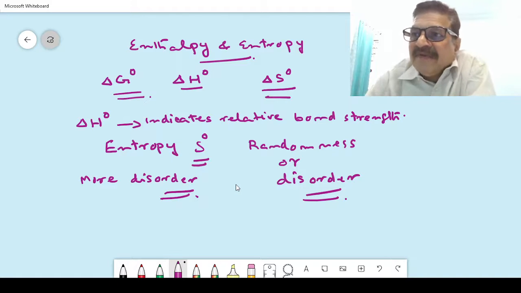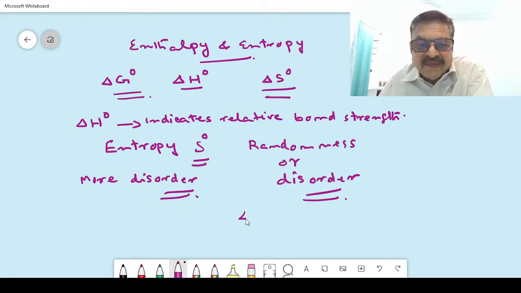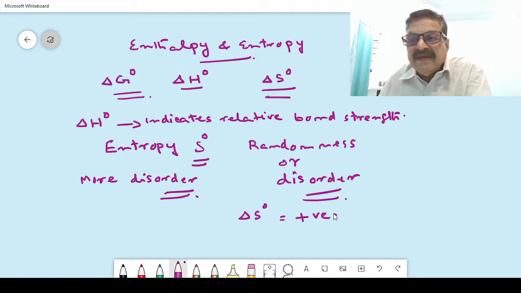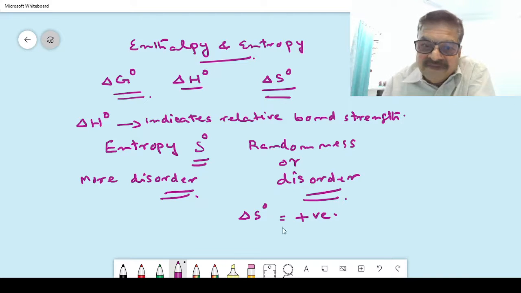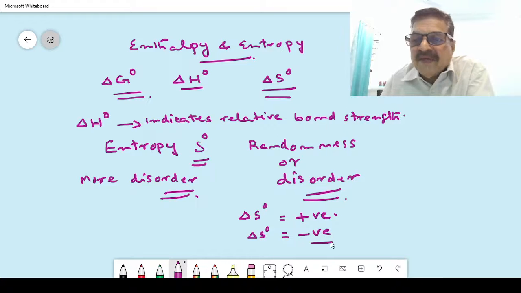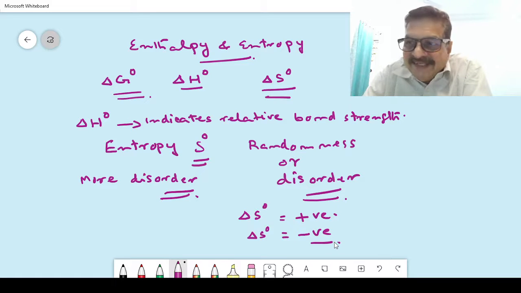Now delta S negative means the products are less disordered, or more ordered, than the reactants here.